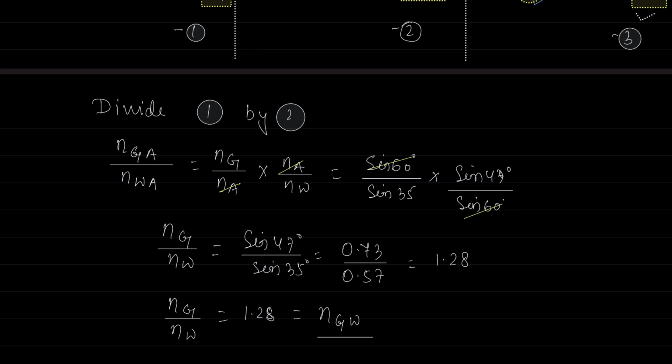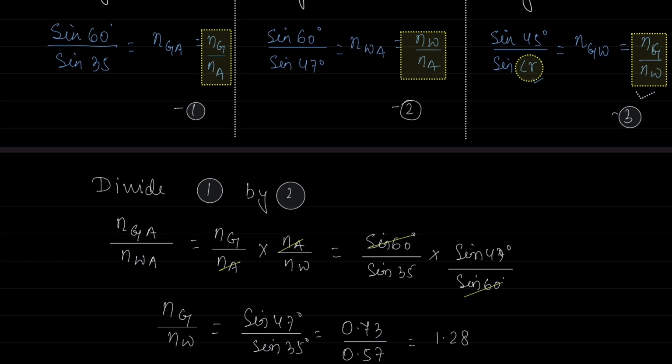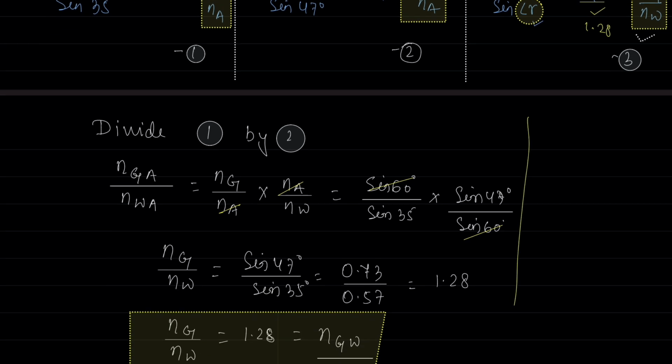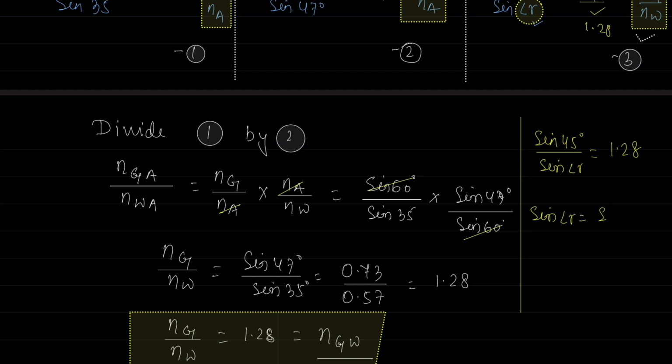So let's substitute this in our third equation. Here we know that sin 45 by sin R is equal to Ngw, and this Ngw is 1.28. So sin 45 by sin R is equal to 1.28. Sin R is equal to sin 45 by 1.28.